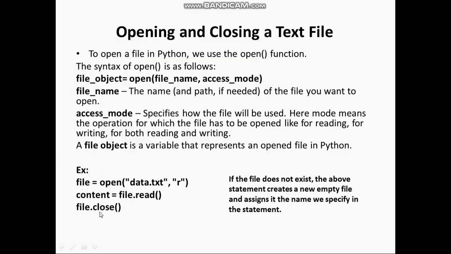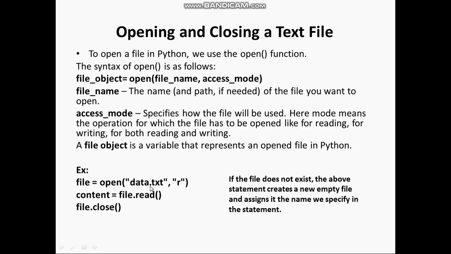Look at this sample code. This statement opens a file named data.txt. .txt indicates it's a text file, and it is opened for reading purpose. After the file is opened, we are going to use the read function. Using this file object, you are calling the read function.